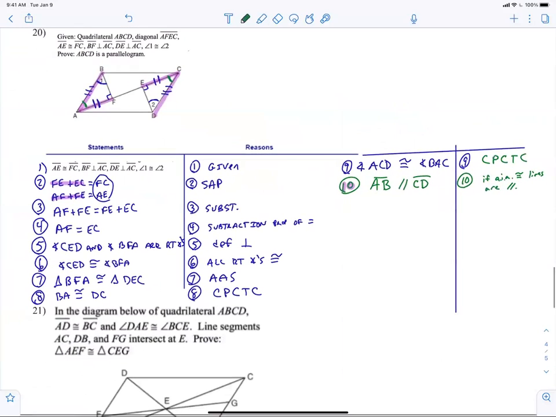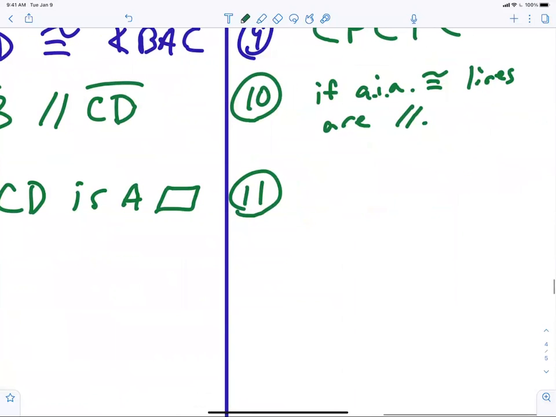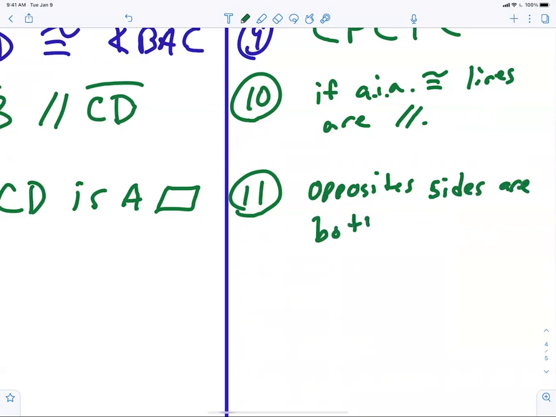And then finally, what can we say? ABCD is a parallelogram because opposite sides are both congruent and parallel. Guys, that was really good.